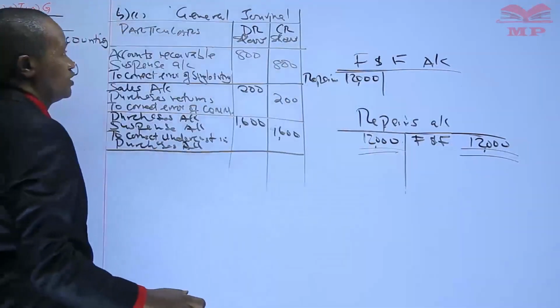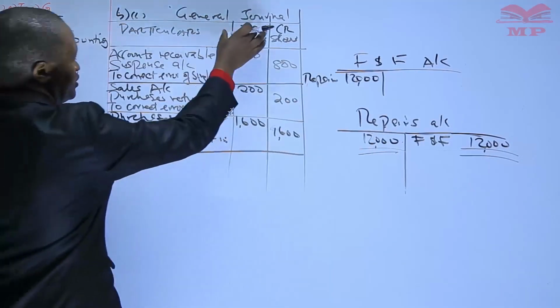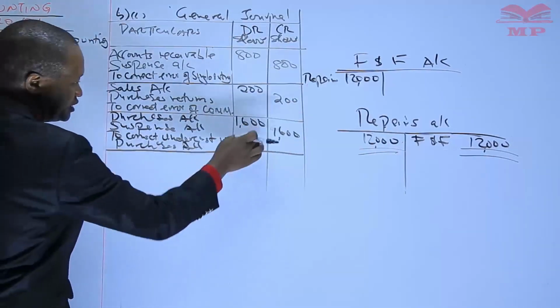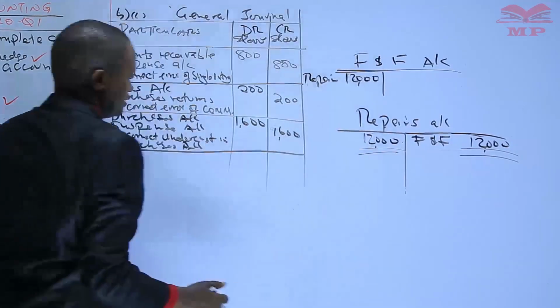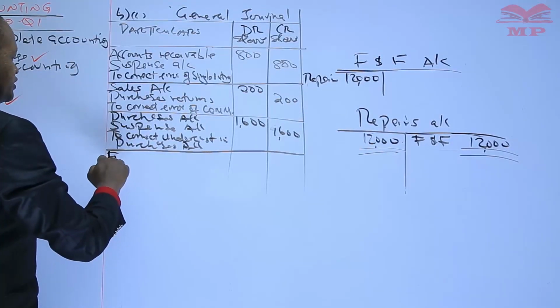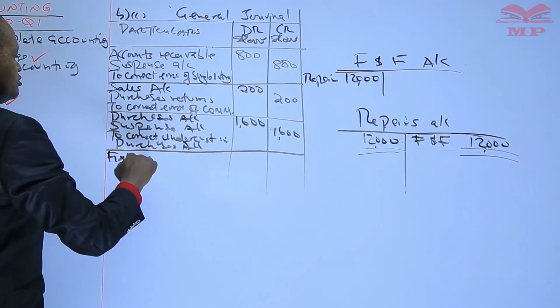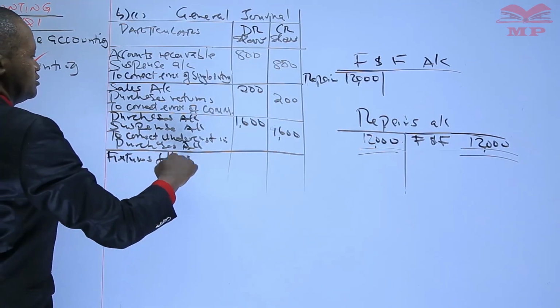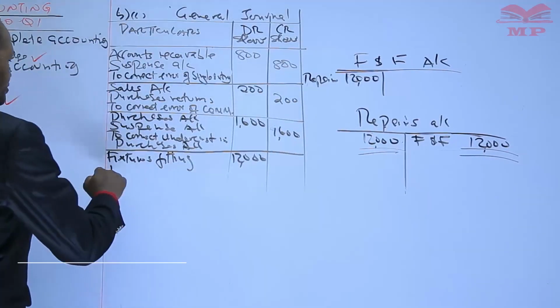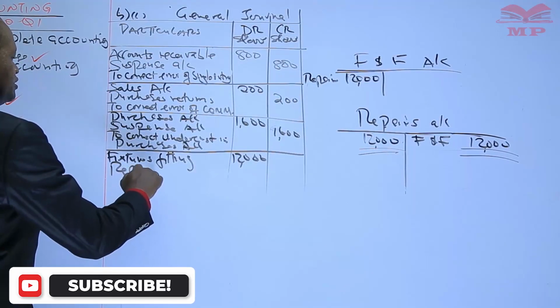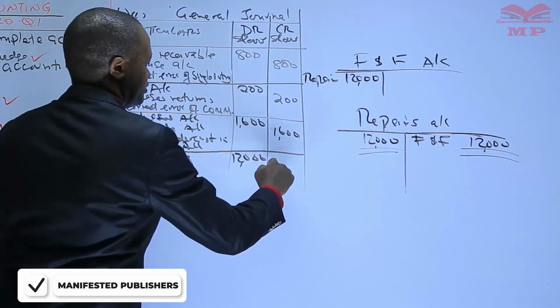But we are required to prepare first of all the general journal. So which account is debited? Which account here is debited? Fixtures and fittings is debited, 12 million. Repairs is credited, 12 million.